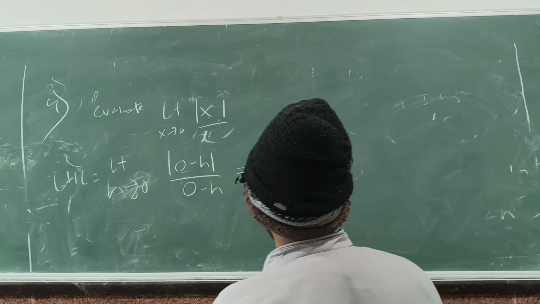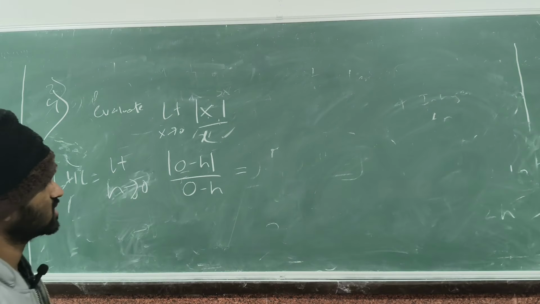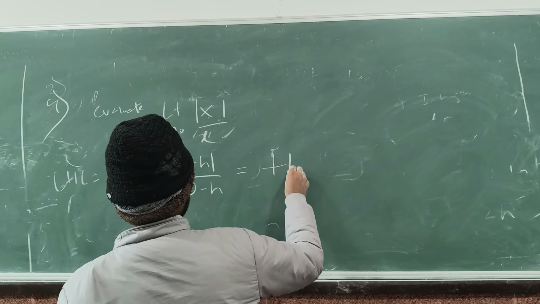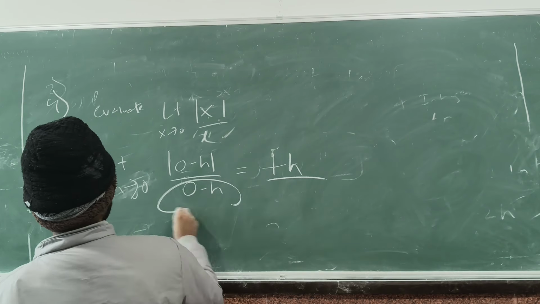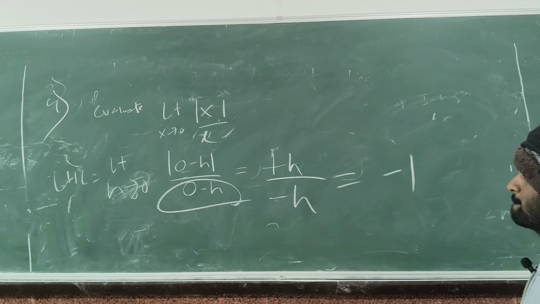Mod of minus h is, since h is a positive quantity, plus h, and 0 minus h is minus h, so this equals minus 1.